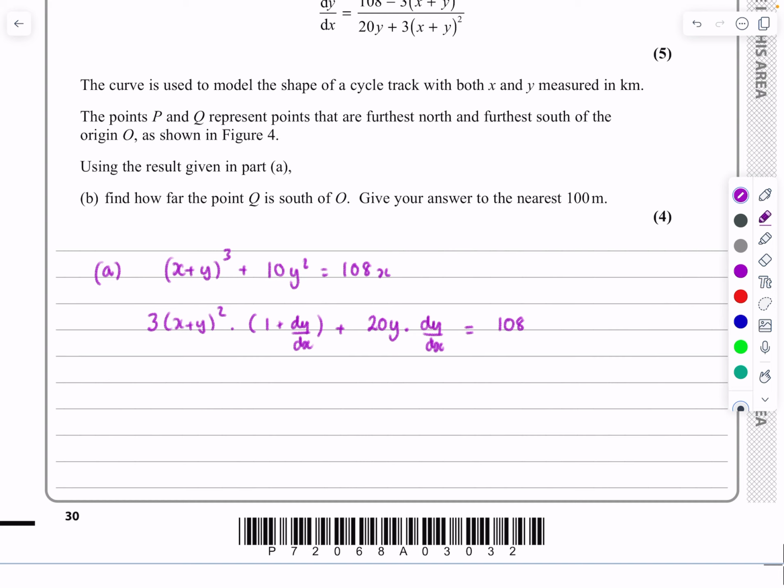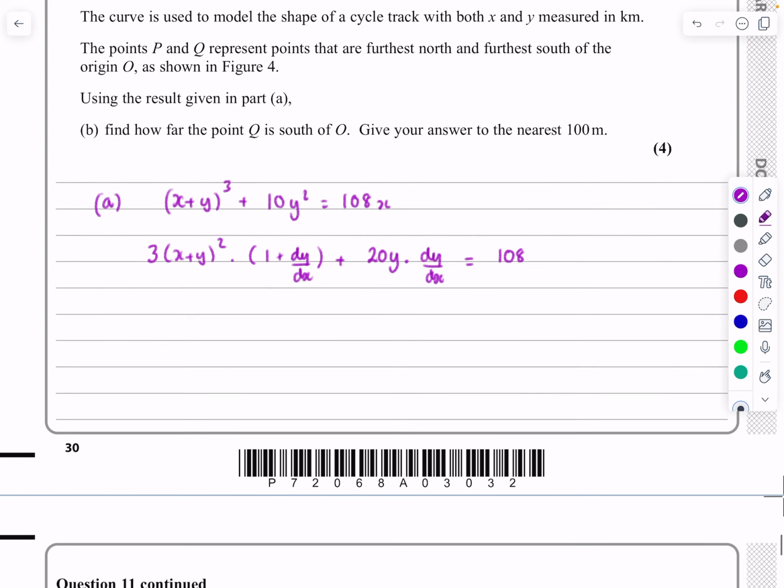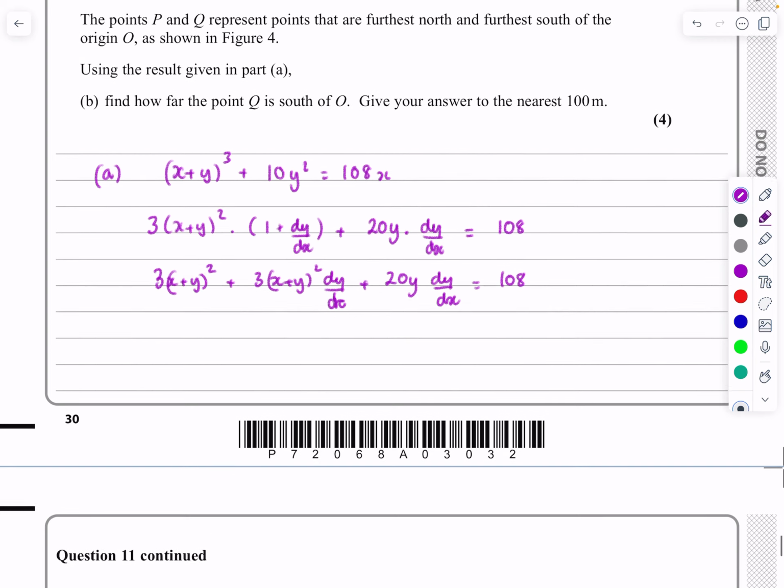So now all I've got to do is to rearrange and get dy by dx equals from this. Take your time. So that's 3(x plus y) squared, that's multiplied by 1, plus 3(x plus y) squared dy by dx, plus 20y dy by dx is equal to 108. I'm going to keep the dy by dx on one side, take everything else over to the other.